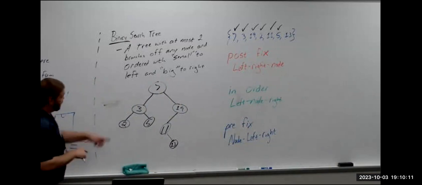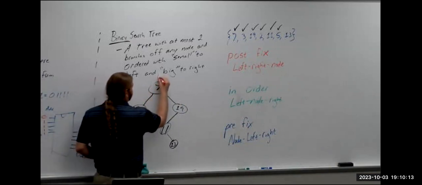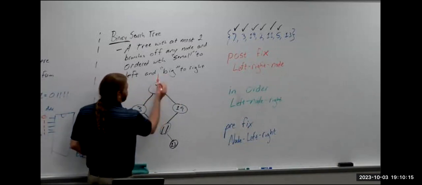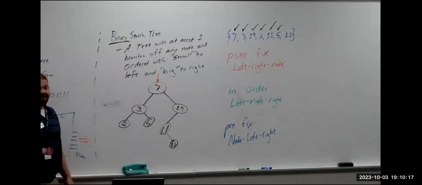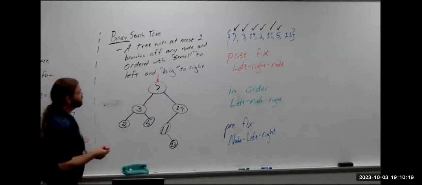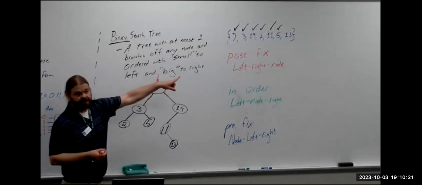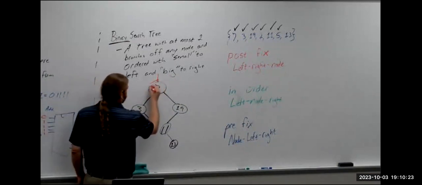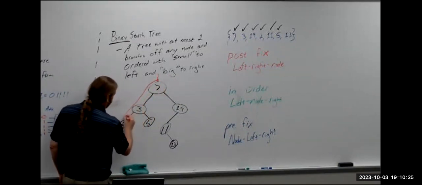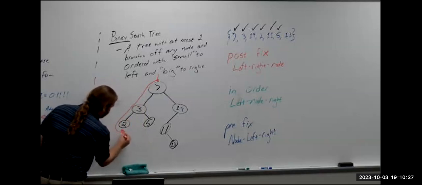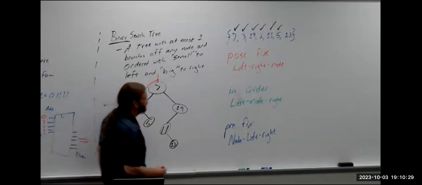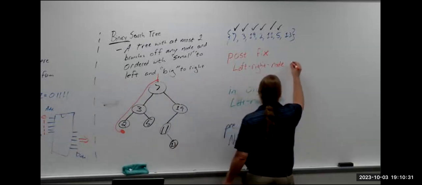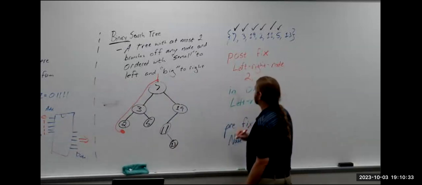So if we start here, we always start at our root. We come in. I had the red marker in my hand, so I'm going to do post first. So postfix, we want to go left as far as we can. So we can keep going, and then finally we get to something on the left. So we'll go ahead and record that number, 2.